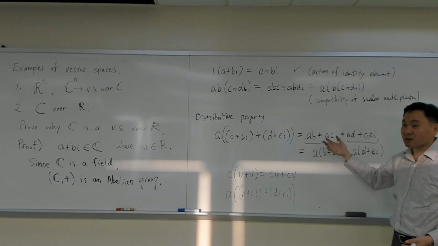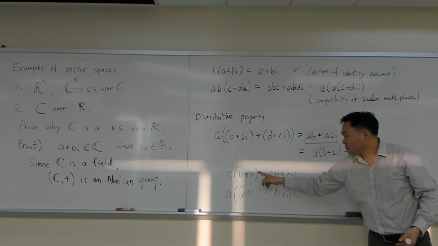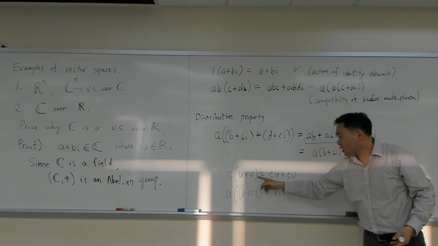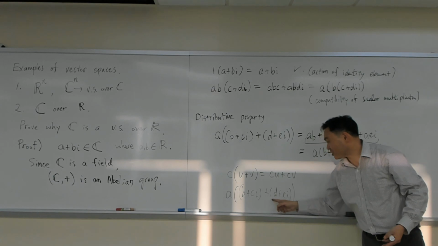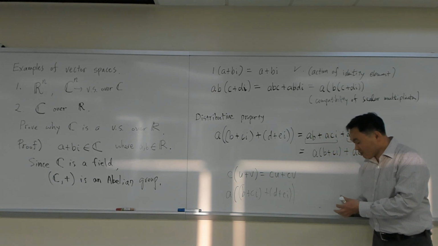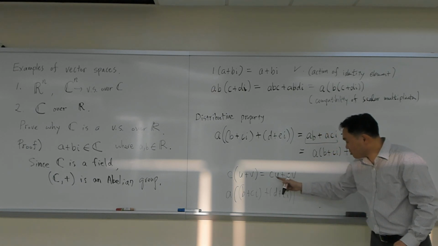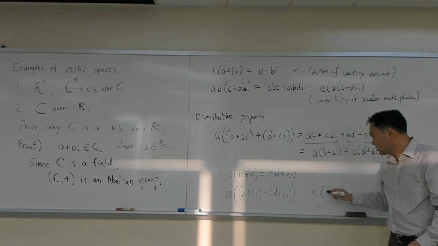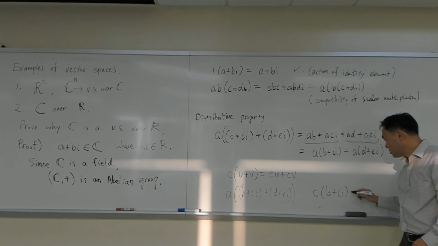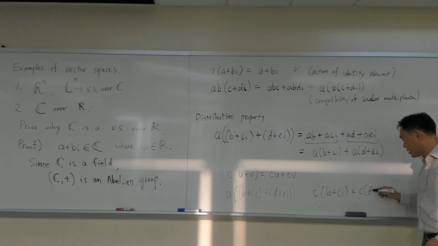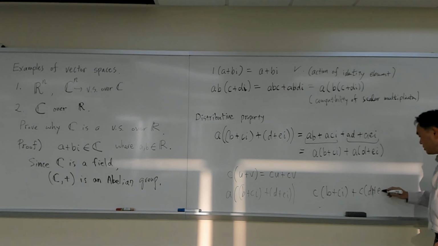So same thing here. You just write down what you're trying to prove, and think about what these are in this specific context, and think about what should be proved. So you write this as like C times B plus CI plus C times D plus EI. Okay?